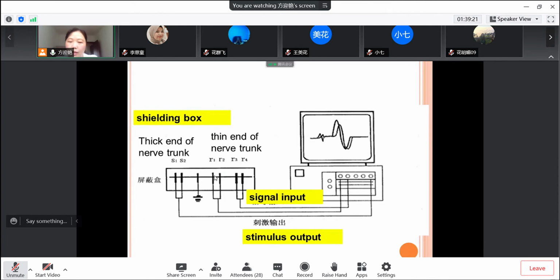This one channel collects the signal on the macro equipment, and this two channel, and then we can record to the computer. We can also see the wave, which is the action potential. Can you understand?